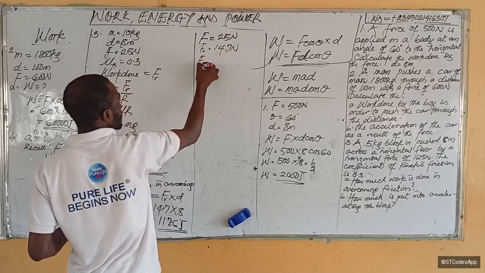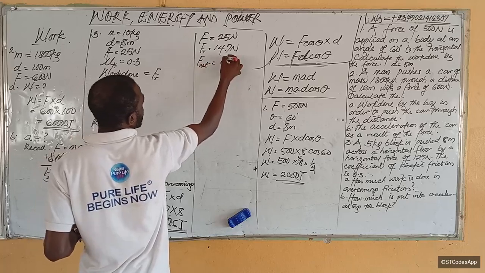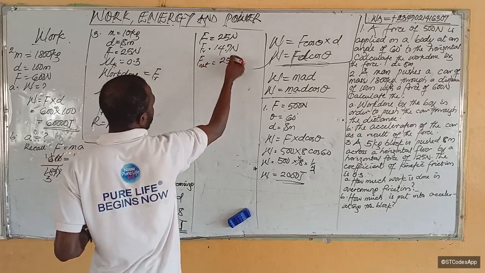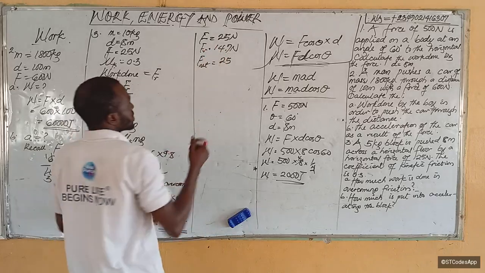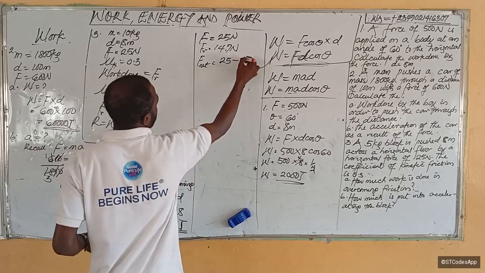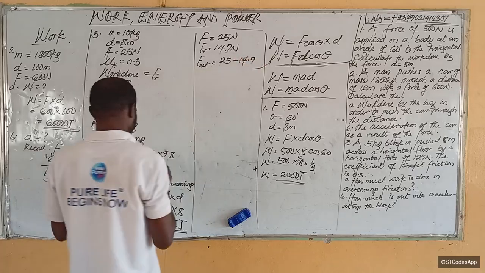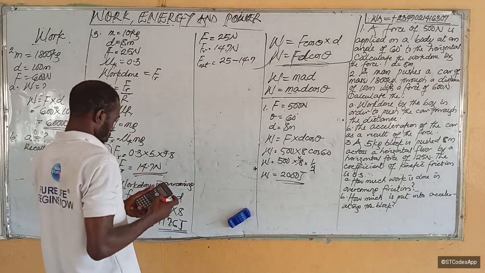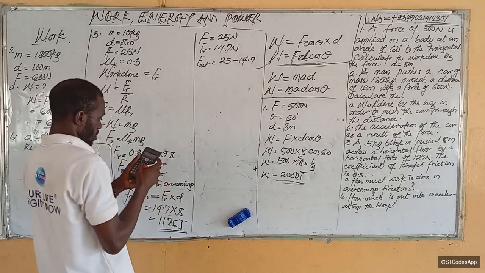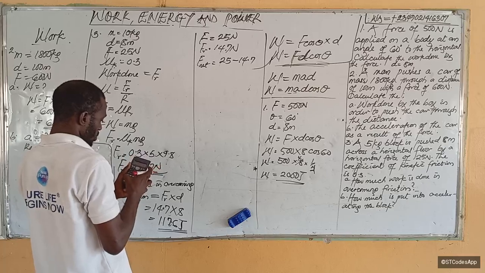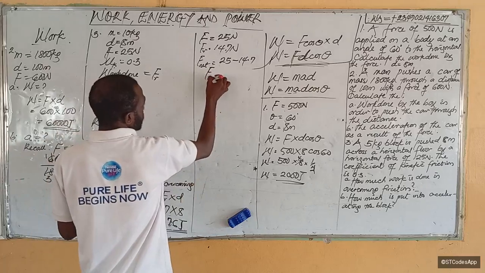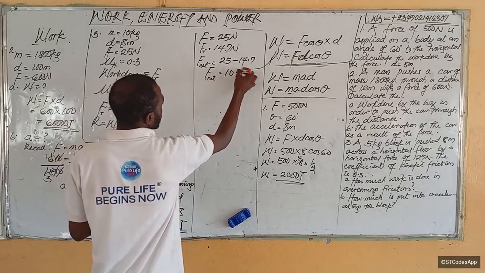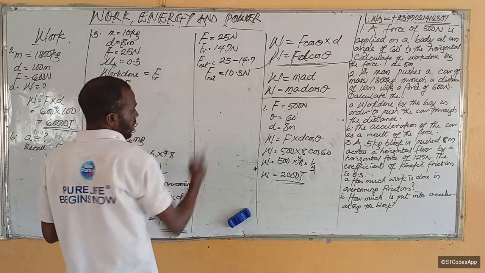Then the net force that accelerated the body is going to be 25 minus this, because frictional force will oppose it. So the F net will be 25 minus 14.7. That becomes 10.3. So F net is equal to 10.3 Newton. So this is the force that accelerated the body.